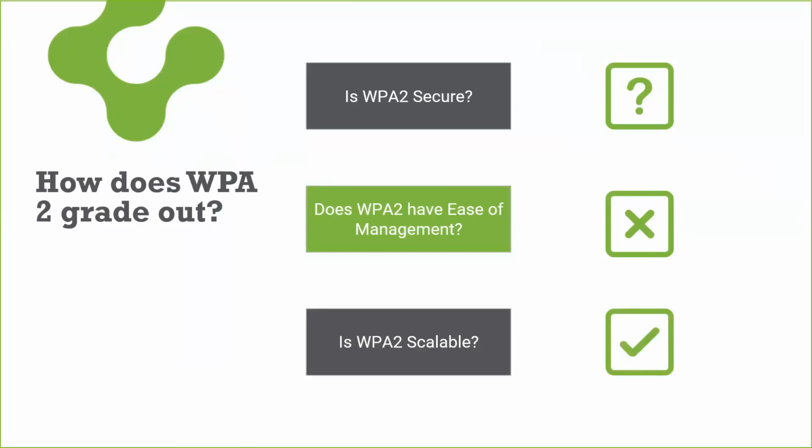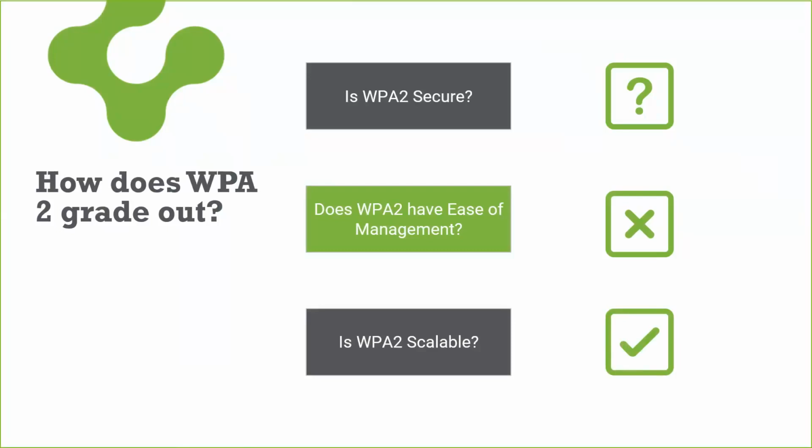However, it is very scalable, and this is where a lot of people use WPA2. If you have the same SSID and passphrase at every single one of your locations, your sales individuals or people who travel from site to site can seamlessly move from building to building and will auto-authenticate and connect to the wireless.